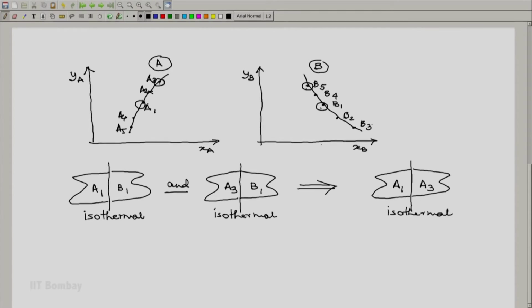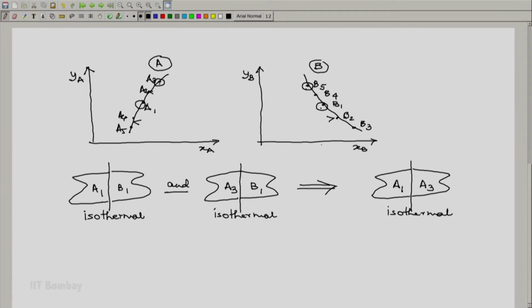It turns out that by extending this, you take any state of A on this isotherm, and any state of B on this isotherm, put all these states together and pick any two of them, one of A, one of B, or two of A using a replica of A, or even two of B using a replica of B. All these states in pairs will be isothermal.